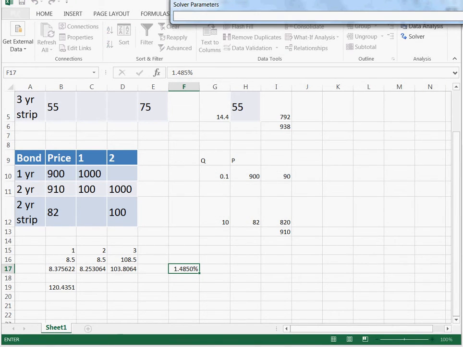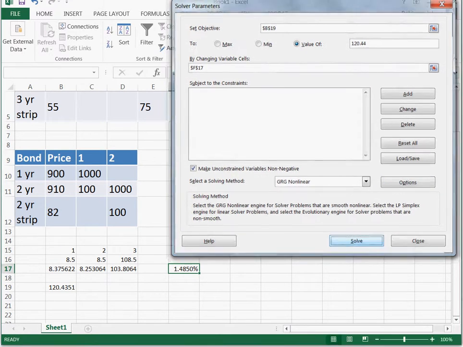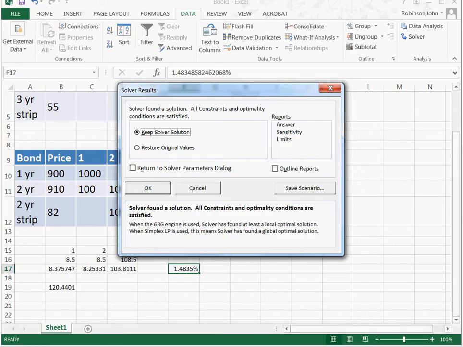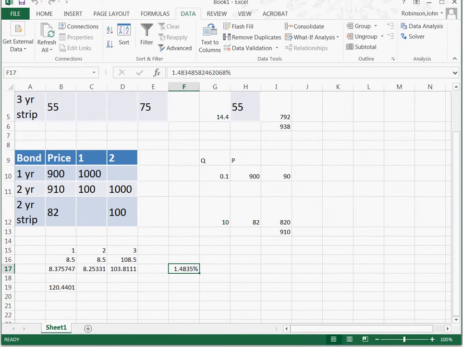And we say go, and it found it, 1.4835%. Okay, so that is us finding the missing interest rate, right? It was the interest rate we didn't know that gave us the right price here.